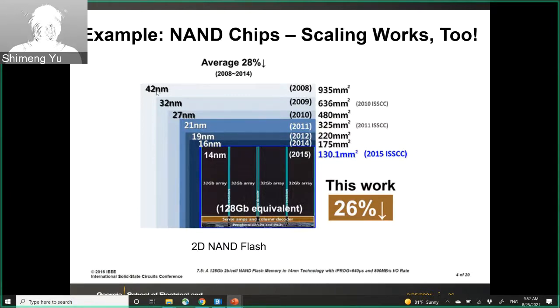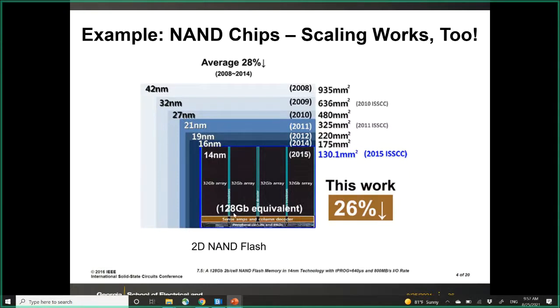I believe in the older generations, we don't have such a huge chip. In those technology nodes, probably we have a similar chip size, but the capacity will be lower, not 128 gigabits, maybe 32 or 64 gigabits. So this is normalized to the same capacity.